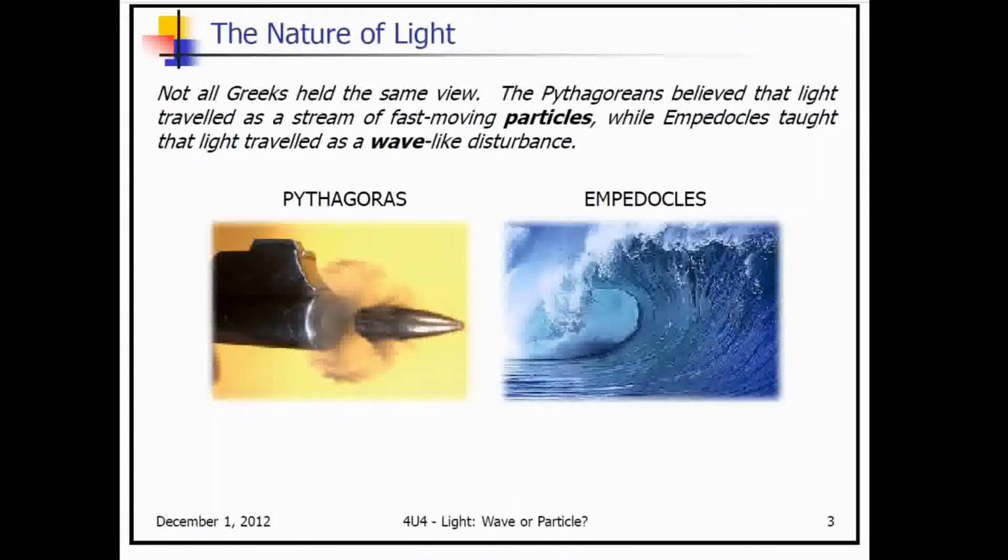Another Greek, Empedocles, taught that light traveled as a wave-like disturbance. So there was this early picture of light being a wave that Empedocles and his followers followed. And then there was the idea that light was a particle, which the Pythagoreans followed.